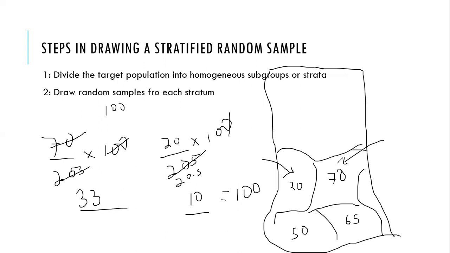But the actual selection, now let me explain this. We are selecting a sample of what? We have 70 schools here in all, but the sample per our calculation here will be 33 schools, right? So these 33 schools we are selecting from Ashanti region can be selected using what?